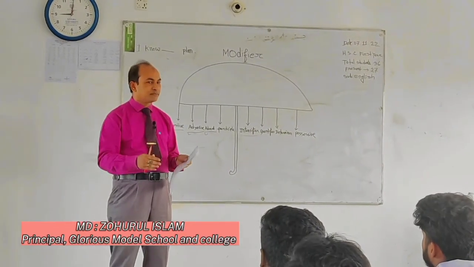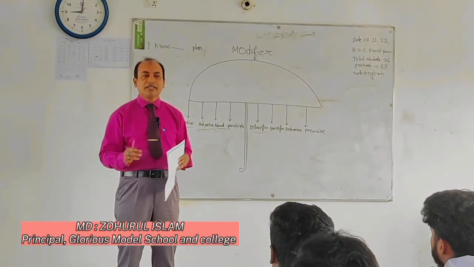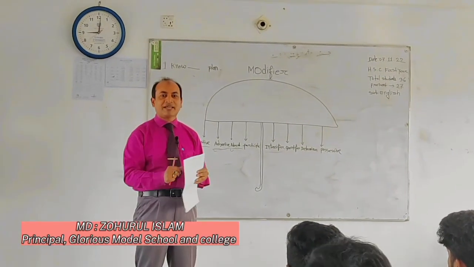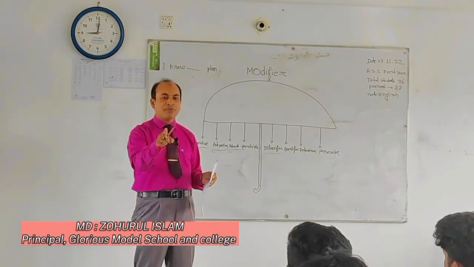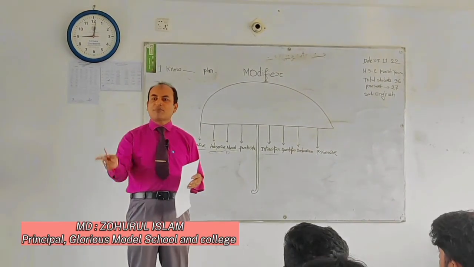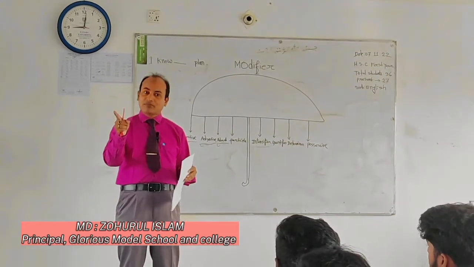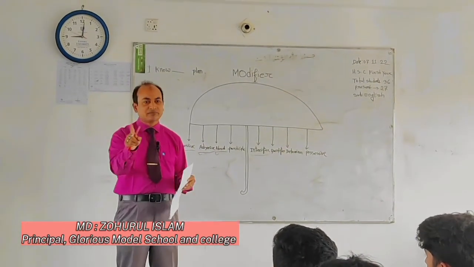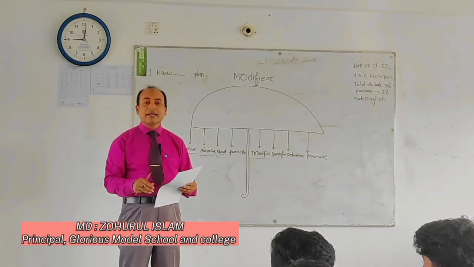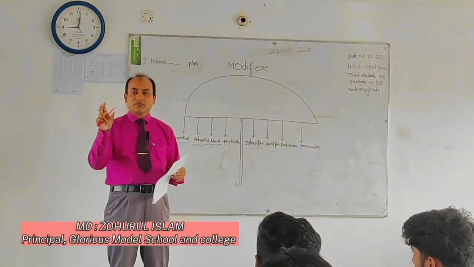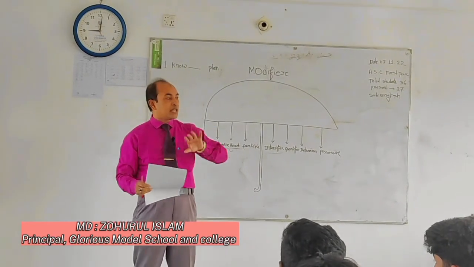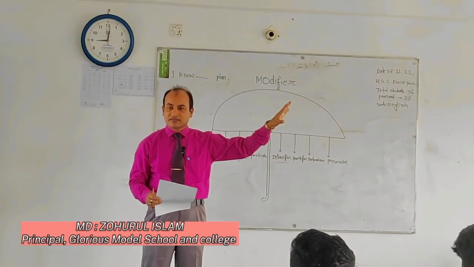Practice. So we have already learned two or three things. Pre-modify the noun means..., pre-modify the verb means..., post-modify the verb means adverb. Post-modify the noun means, okay. And again, appositive. Appositive means the word or the phrase that gives us information about the previous word or phrase.